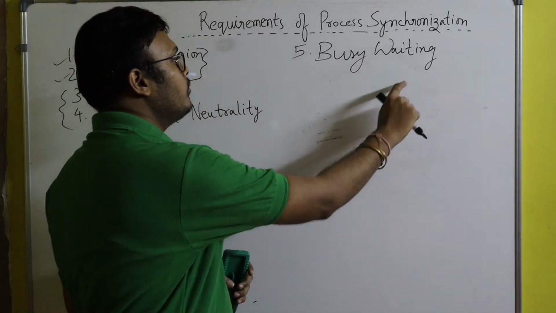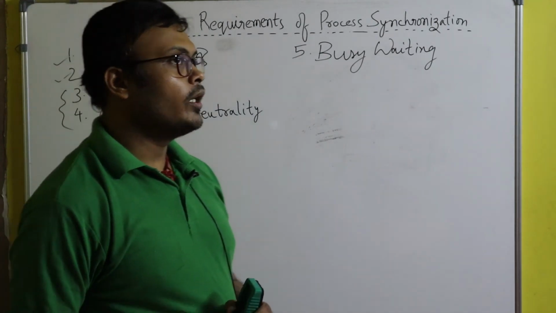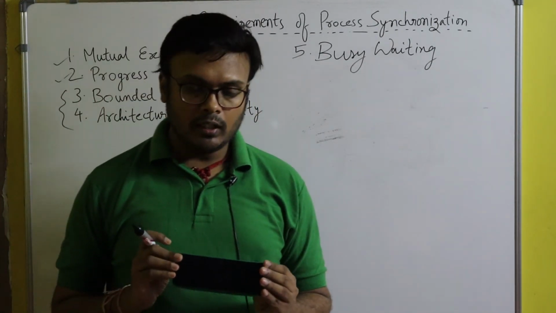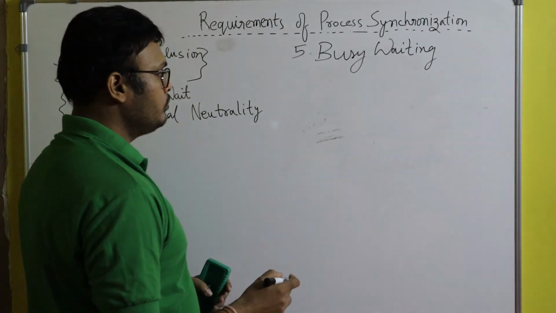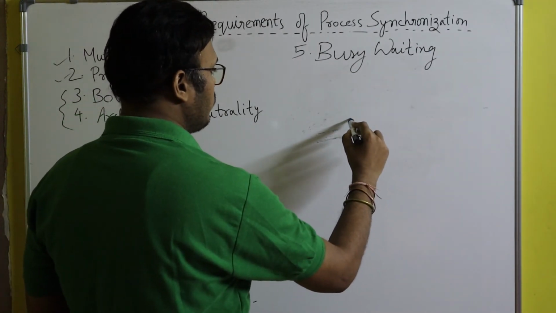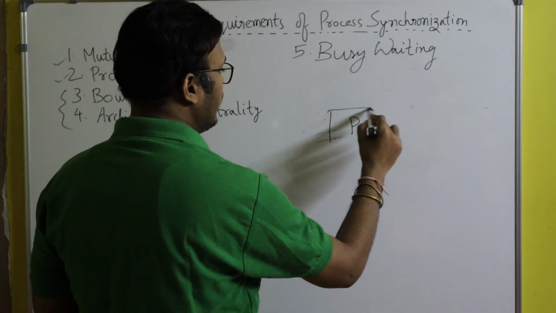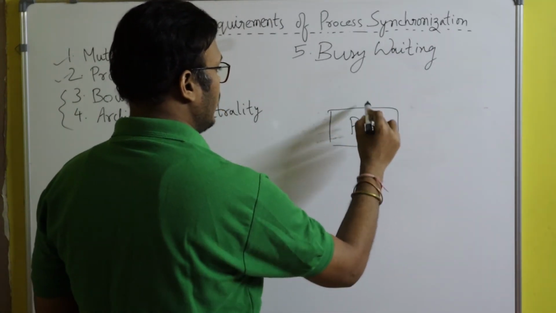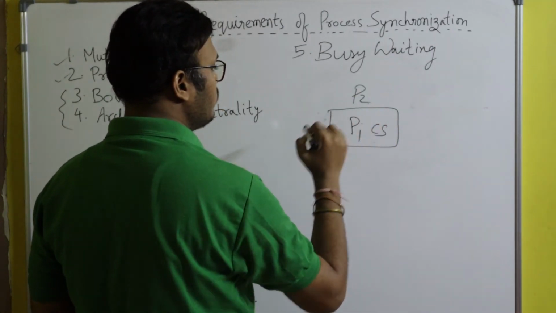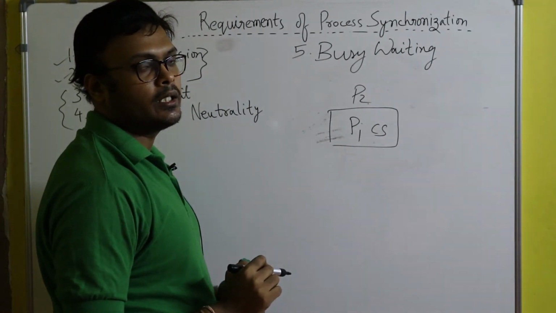And the 5th one is busy waiting. So what is busy waiting? Suppose process P1 is inside the critical section, and process P2 is waiting to enter the critical section.